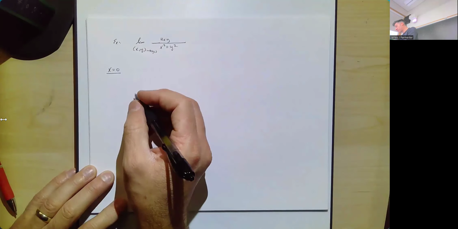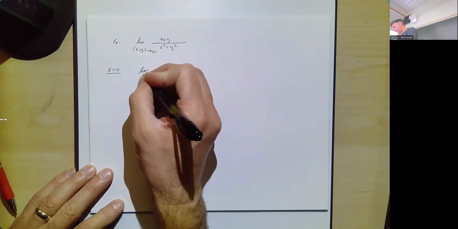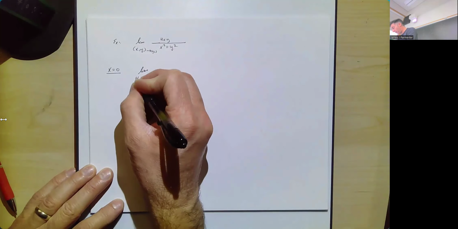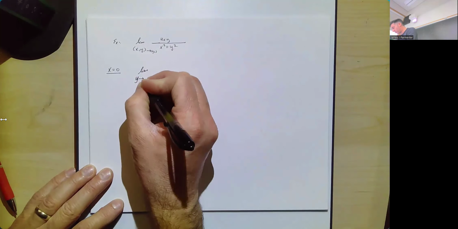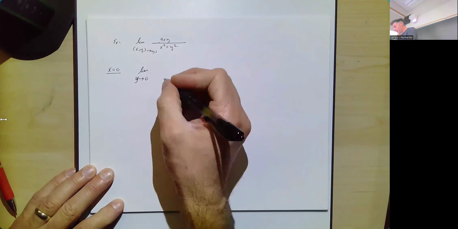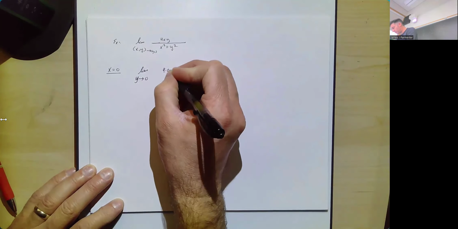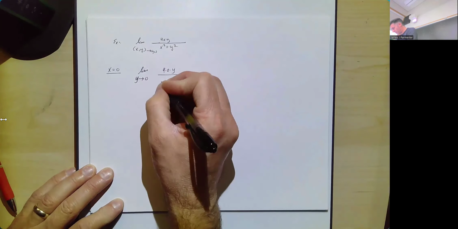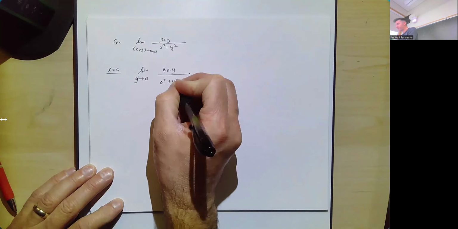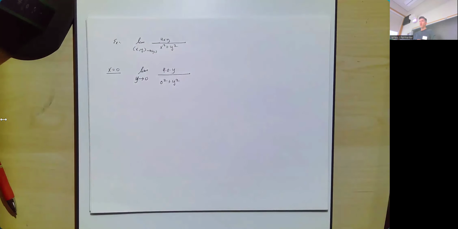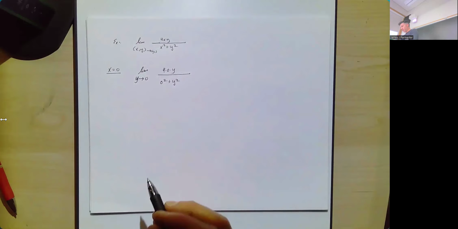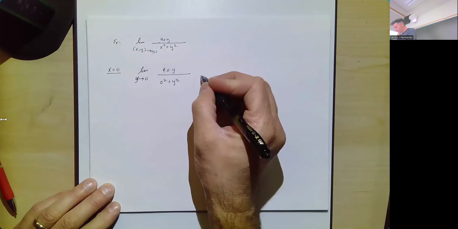So if x equals 0, then I'm left with the limit as y approaches 0 of 4 times 0 times y divided by 0 squared plus y squared. Let's be extra careful in our simplification here. 4 times 0 times y is 0.